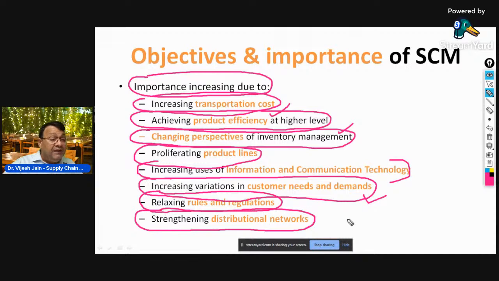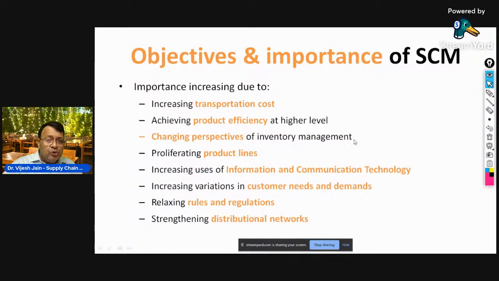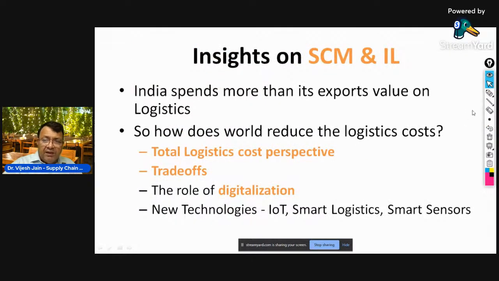So, at the international level, strengthening the distribution networks has become the key for the success, overall success. So, all these factors have contributed for the increasing demand or increasing importance of the international supply chain management and international logistics. So this is what we are seeing.